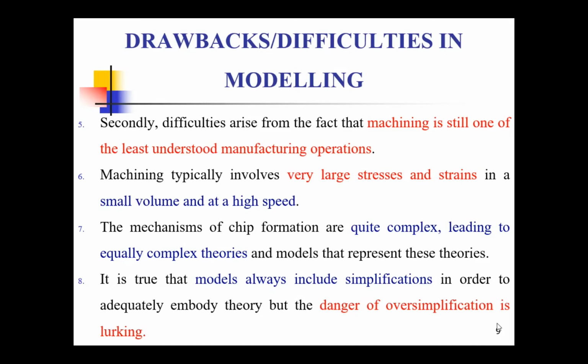That is, we cannot determine perfect outputs from the simplified models; we cannot determine appropriate, nearby results. If I consider that complexity in my model, then the results will be nearby to the experimental results, but I am making the model simple by some assumptions.